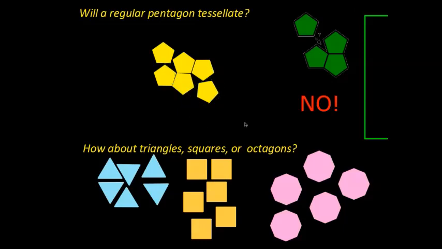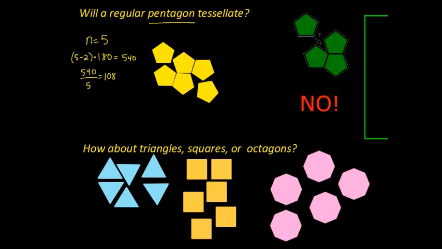Well, let's look at those interior angle measures. Remember that it's a pentagon. Pentagon has 5 sides or 5 angles. So when I do 5 minus 2 times 180, or 3 times 180, I get 540. 540 is how much they all add up to. 540 divided by 5 is 108 degrees.